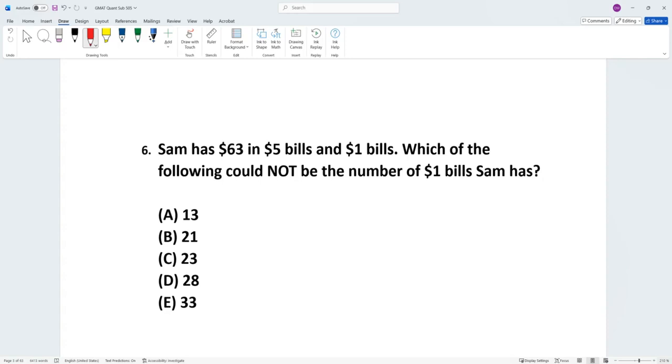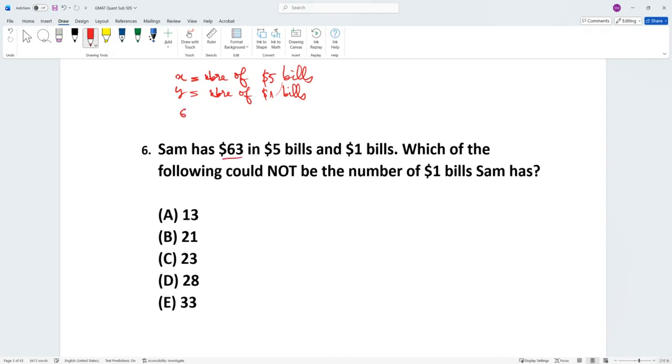So first of all, we will say here that let X be equal to the number of $5 bills and Y be equal to the number of $1 bills. Okay, and what it tells us here is that Sam has $63.